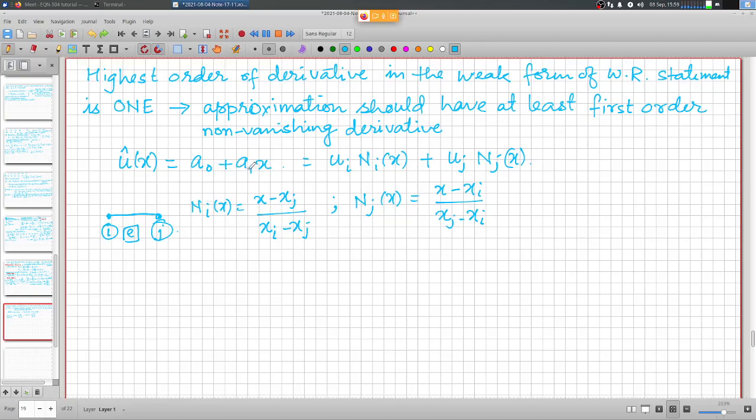So a0 and a1 will be linear combinations of ui and uj, the sum of ui plus uj and ui minus uj, something like that. If you collect the terms and rearrange them, you will find that a0 and a1 can be written as a linear combination of ui and uj.